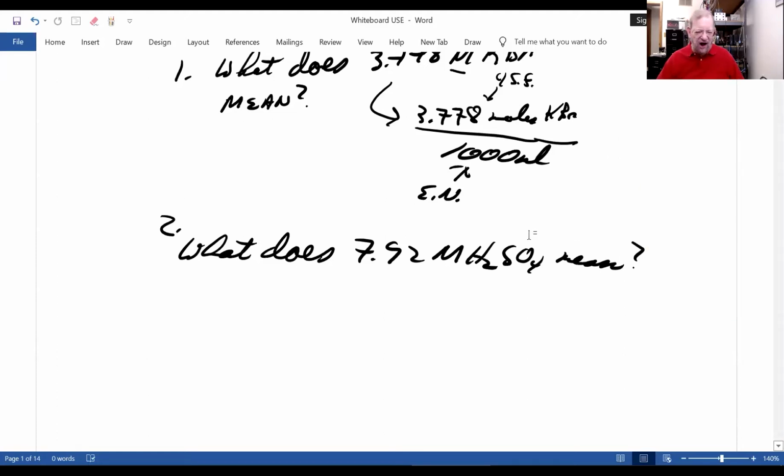All right. I think everybody's done. Let's take a look at this. What does 7.92 capital M H2SO4 mean? It's serious Wednesday. And capital M, as soon as you see that with a number and a formula, that means molarity.